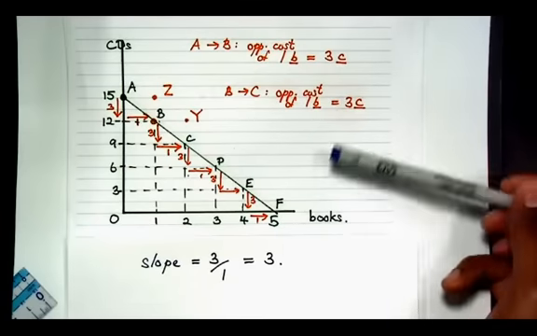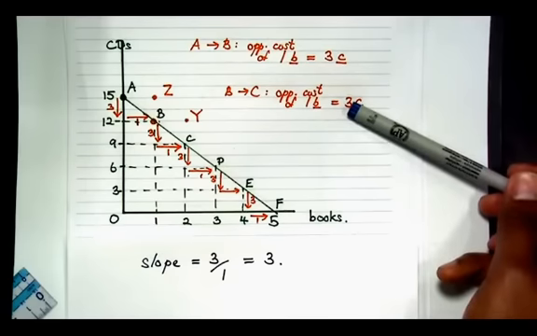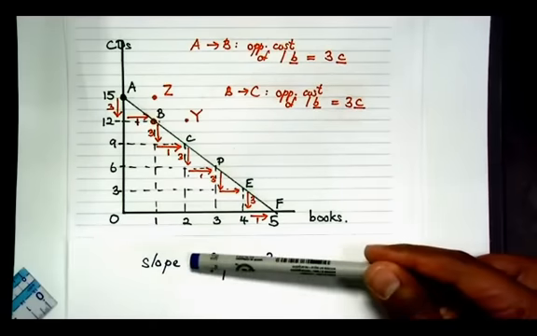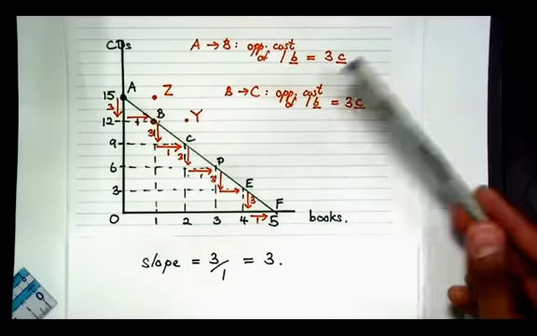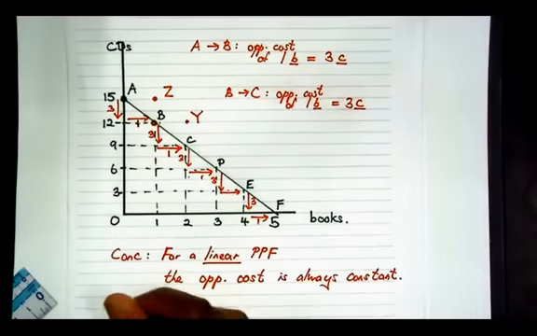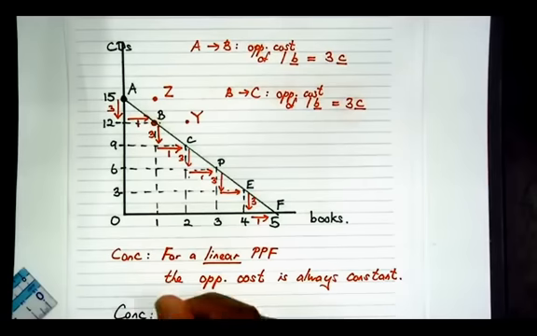If the slope is 3 and the opportunity cost is 3, then you can conclude that the slope is the same as the opportunity cost. Okay? So next conclusion, for any PPF this is true.